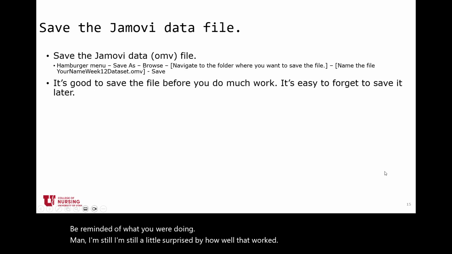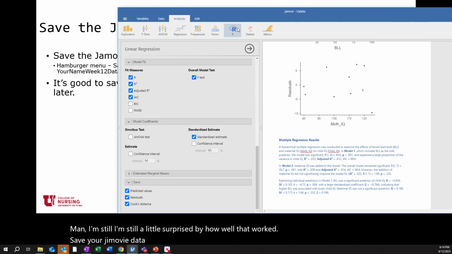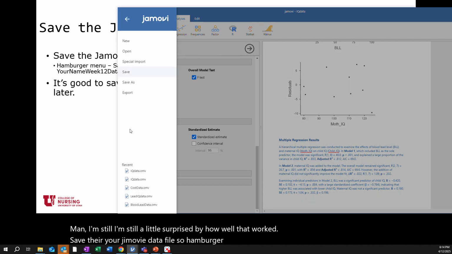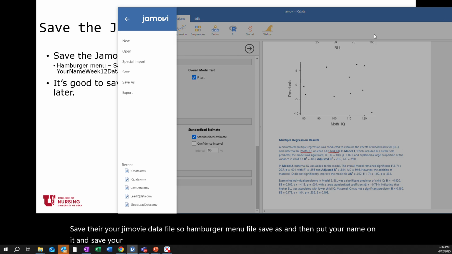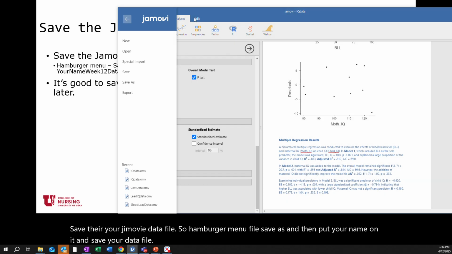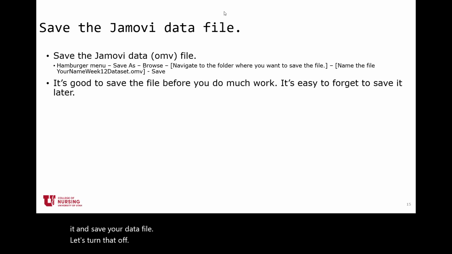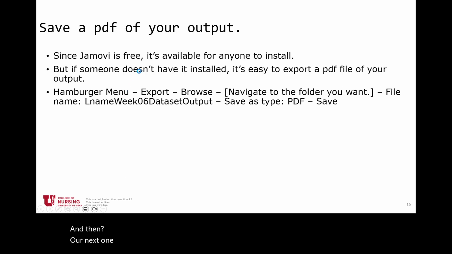Save your Jamovi data file. So hamburger menu, file, save as, and then put your name on it and save your data file. Then our next one is a PDF of your output.